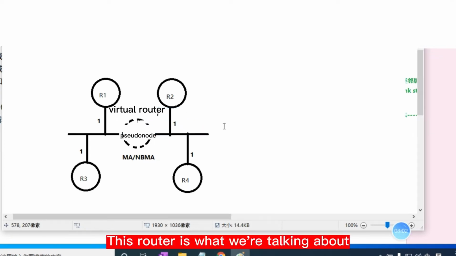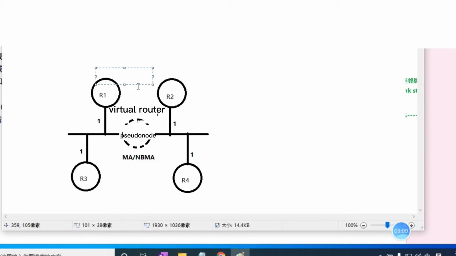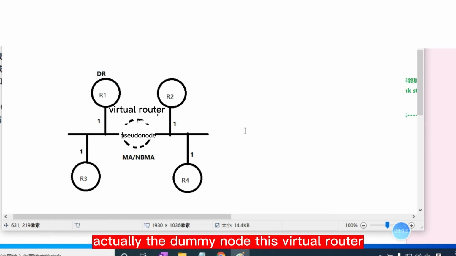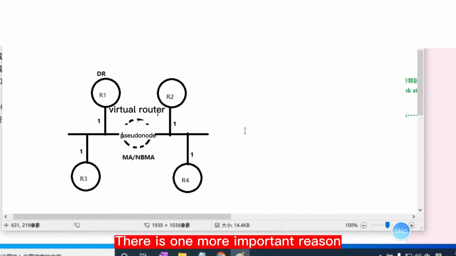This router is a virtual router, and it has to do with the DR. So why elect a DR? We've already talked about that, but there is one more important reason.